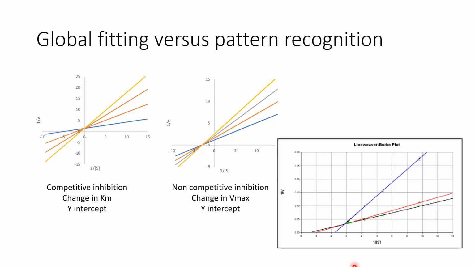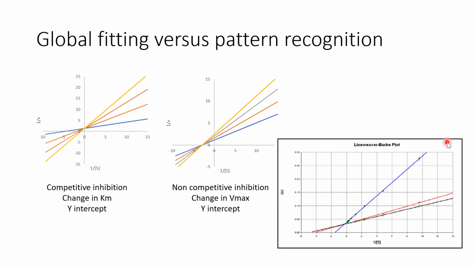And this is data from an information data set produced by one of the companies that makes equipment for doing these sorts of studies. And in it, you can see that they're doing just this. They're doing a Lineweaver-Burk of the enzyme hydrolyzing different substrate concentrations, and these are their data points.